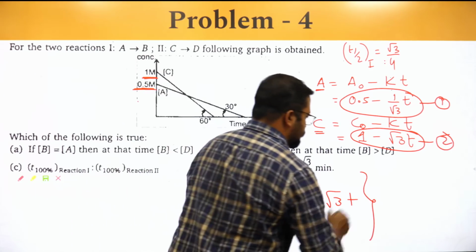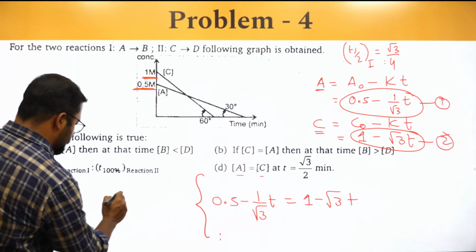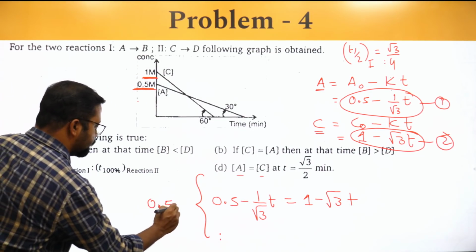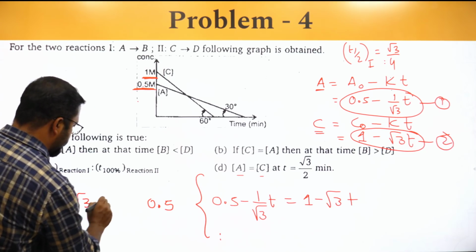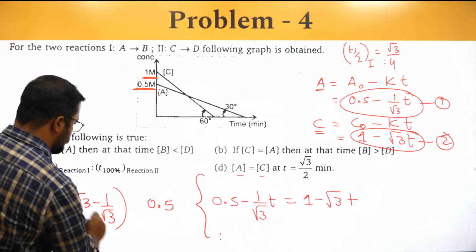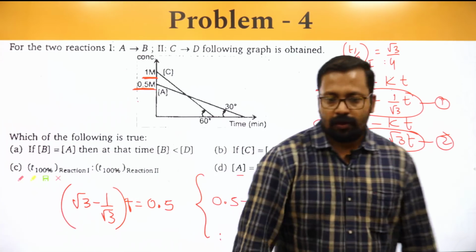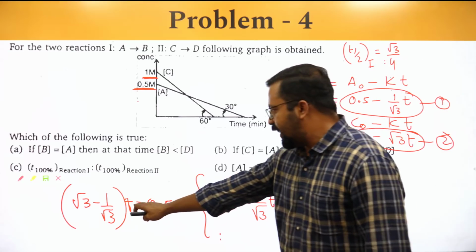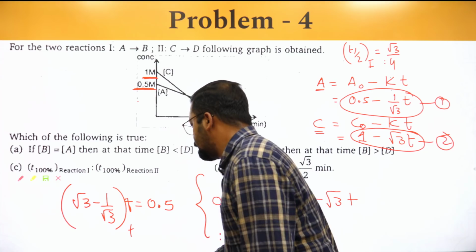So I will take this to the other side. I will write this as 0.5 and root 3 minus 1 by root 3 T. So what is the value of time?